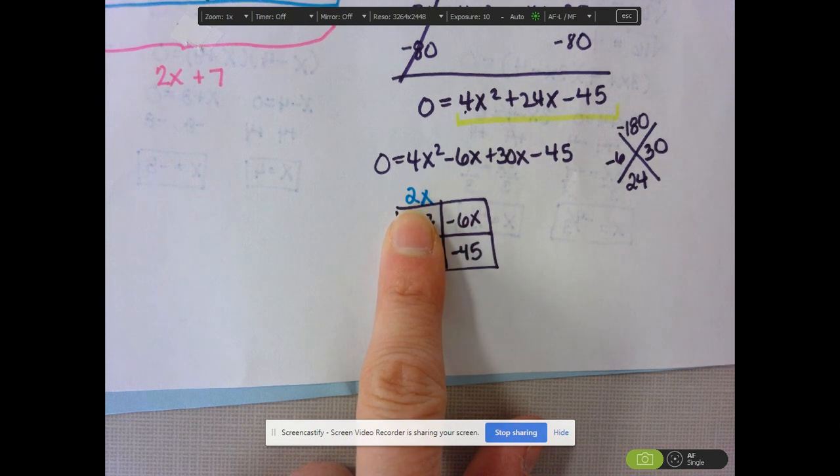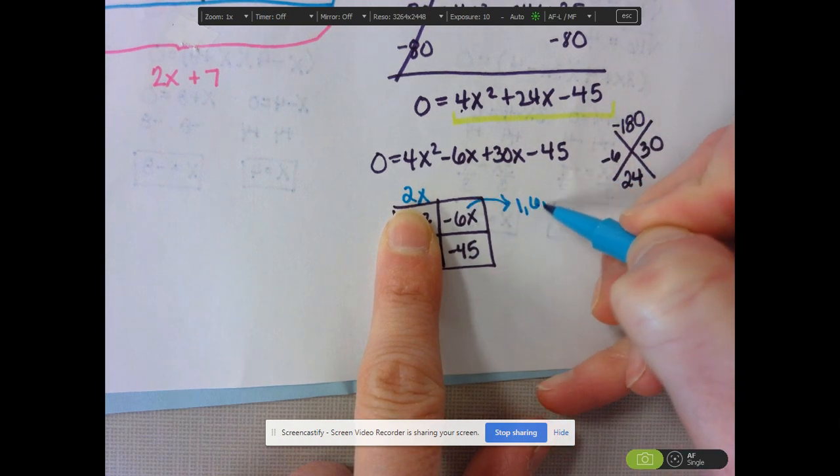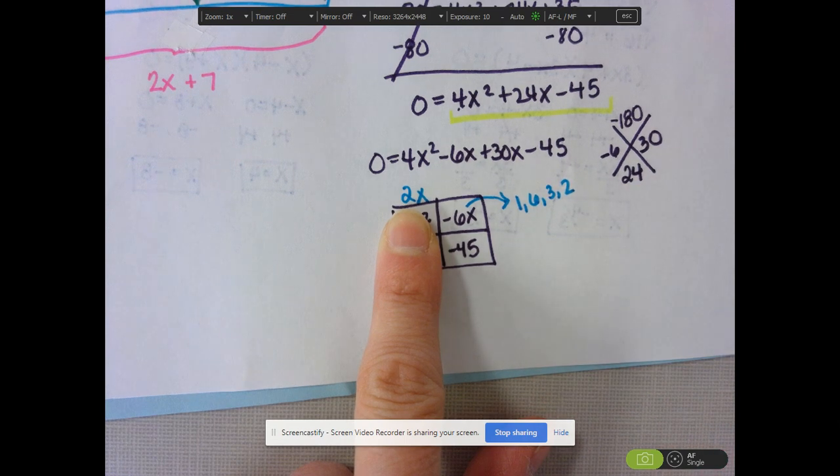This column? What will go into both 6 and 45? If we're not sure, I should hear the sweet tapping on the calculator because you're deciding. The factors of 6 are 1, 6, 3, and 2. We're going to pick a number from that list and find the largest one that divides into both 6 and 45.